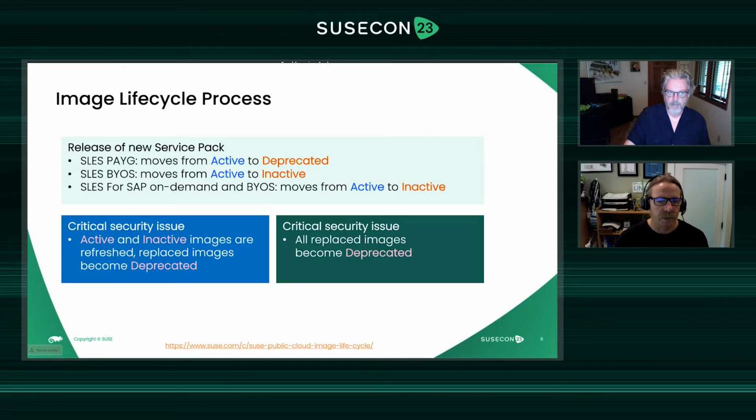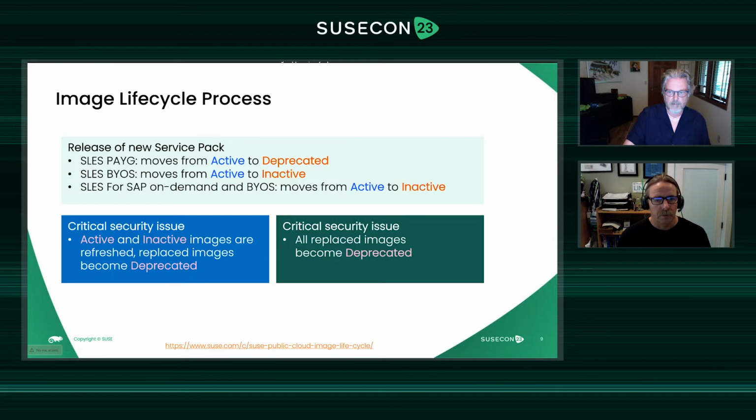And then for SAP, for on-demand and BYOS, they both move from active to inactive. Again, that's the previous service pack. And the reason for that is that SLES for SAP has a longer life cycle than SLES. And the life cycle for SLES for SAP is 4.5 years, which basically matches the BYOS overlap.